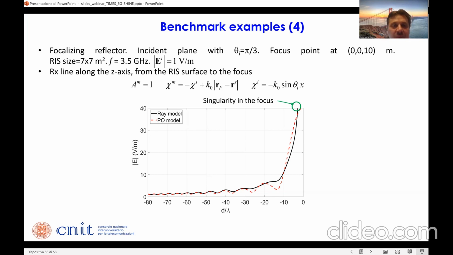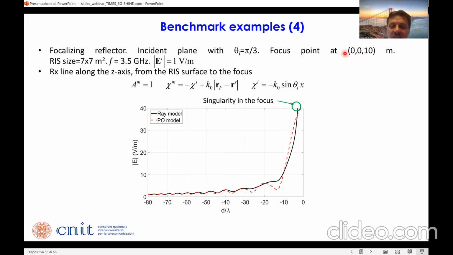In this case, we placed a focus point at a distance of 10 meters from the RIS. So we configured the RIS with this phase profile here, which ensures that the radiated field is focalized in this point, 0, 0, 10.